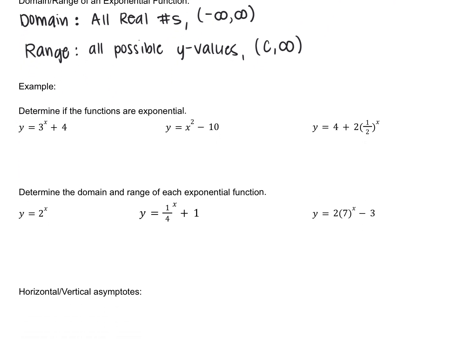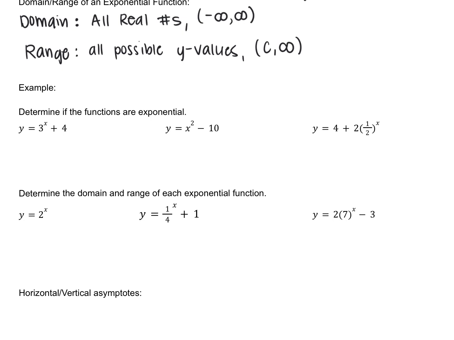So for our first set of examples, we're going to determine whether or not the function is an exponential function. So when you're looking for an exponential function, you're looking for your variable x to appear in the exponent. So we have y equals 3 to the x plus 4. So my variable x is in my exponent. So this is an exponential function. So the answer is yes.